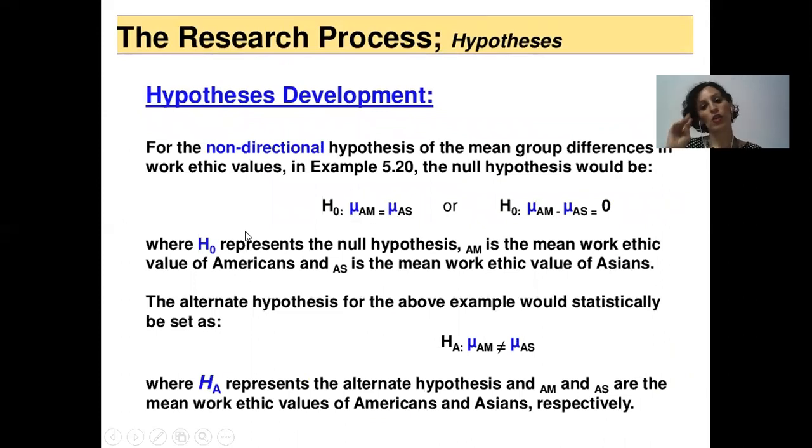For the non-directional hypotheses, the null hypothesis would be where H0 represents the null hypothesis and μAM is the work ethic value of Americans and μAS is of Asians. And the alternate hypothesis would be like this. Basically changing this to not equal to, where HA represents the alternate hypothesis and μAM and μAS are the mean work ethic values of Americans and Asians.